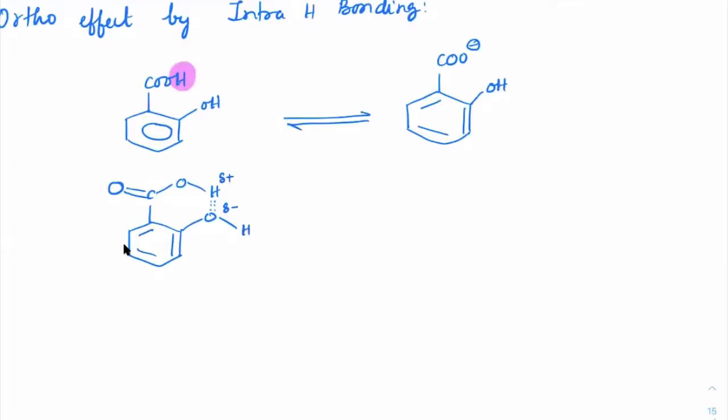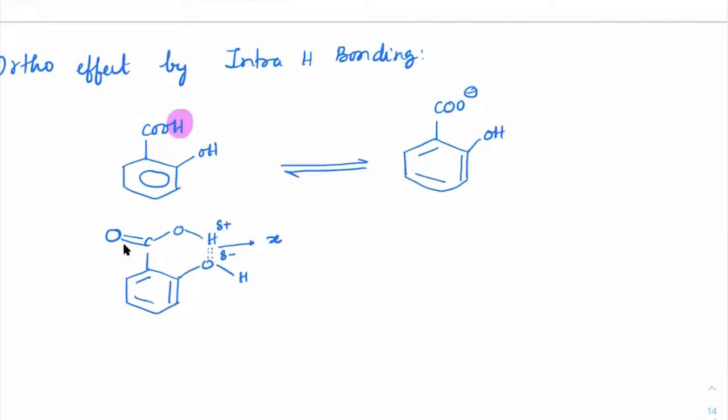So if we take the magnitude of this hydrogen bonding, the extent of hydrogen bonding here, as X, and if you consider the hydrogen bonding here after removal of H plus, what do we have here? We have almost complete negative charge here, O minus and OH.